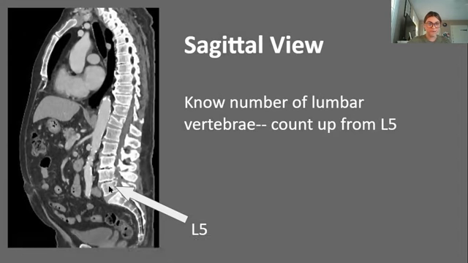And then if we count up, these are the vertebrae of the lumbar region, there's 5 of them. And then above it is going to be T12, so there's 12 thoracic vertebrae, and then we move up from there. It's really important and helpful to orient yourself with the spine because it makes it easy to see injuries, deformities, and things like that. So this is something to get in the habit of as well.